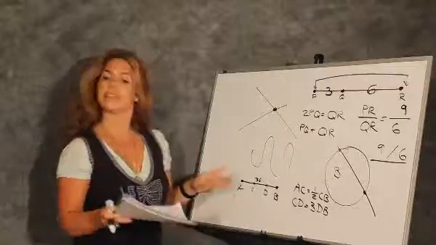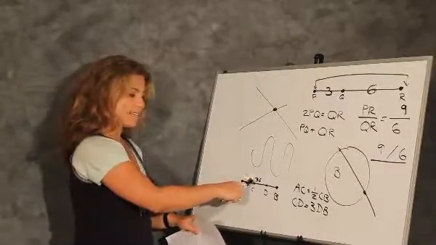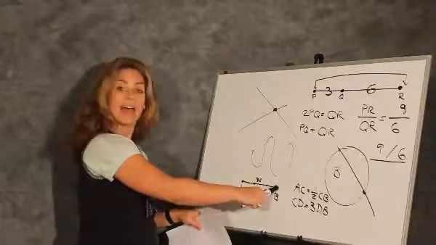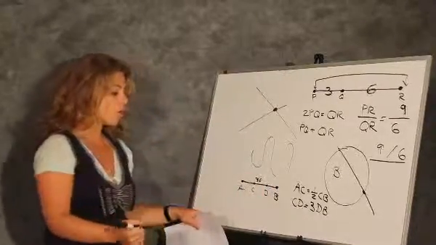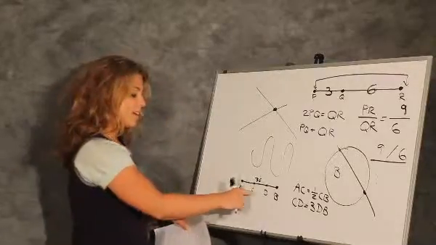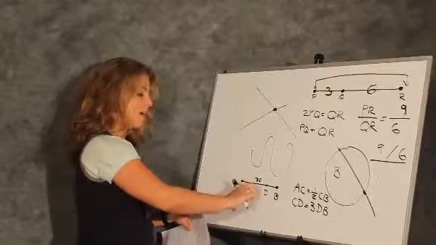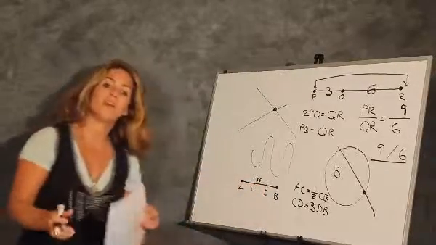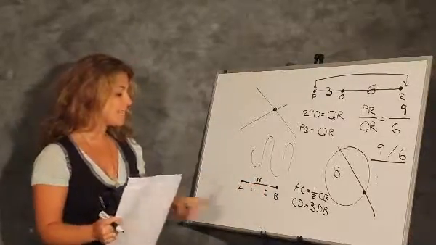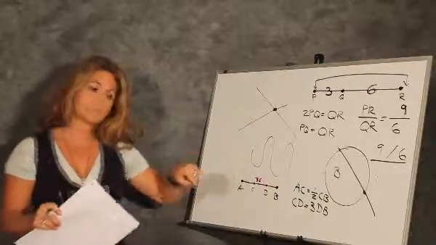So, if we break this down, it says that AC is 1/2 of that. If we cut this into 2 parts, we now have 3 equal parts for this line. Then it says CD is 3 times that.